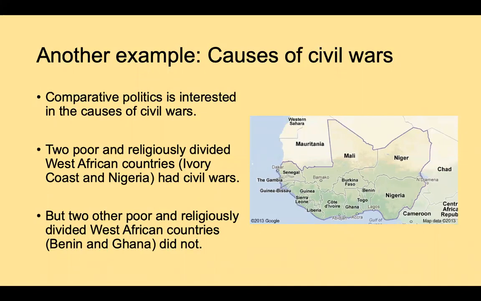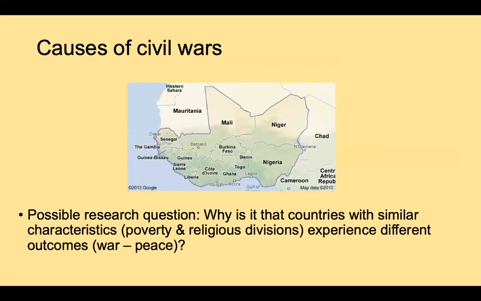West African countries, similar in terms of their levels of poverty and religious divisions, similar geography and history, and to some degree cultural affinities, but very different outcomes in terms of the civil war that happened in Ivory Coast and Nigeria, but not in Benin and Ghana. We ask ourselves, why is it that countries with similar characteristics, poverty and religious divisions, experience different outcomes in war and peace? This is another example of a research question.